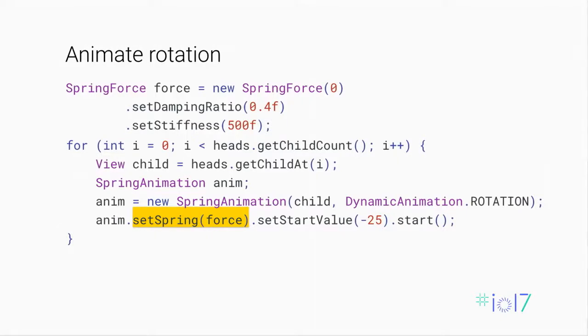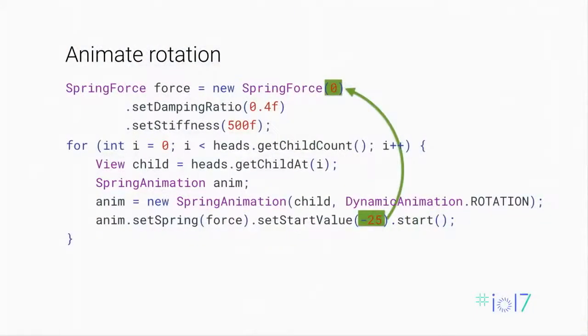Note, this is only viable when all the spring animations here expect the same spring constants and the same resting position. And finally, we can set the start value of the rotation animation to -25, so that each head would rotate from a -25-degree angle and then oscillate around 0 degrees and eventually come to a stop.